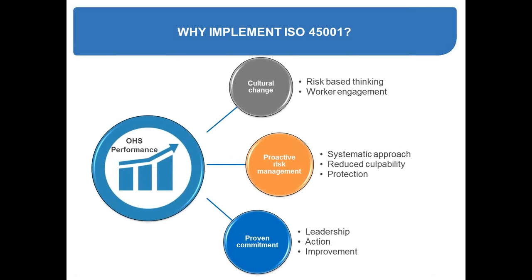We're looking for a proactive risk management system which gives us a systematic approach to reduce culpability and increase protection of our workers. To enable this, we need proven commitment from the leadership of an organisation, action and activities to deliver ongoing improvement as we go through the cycle.